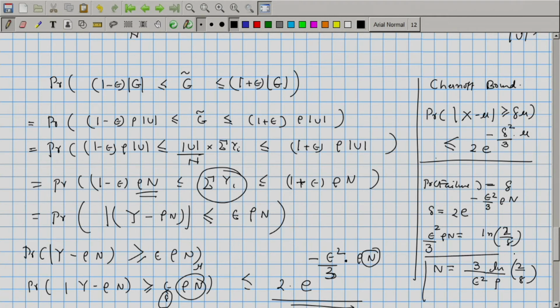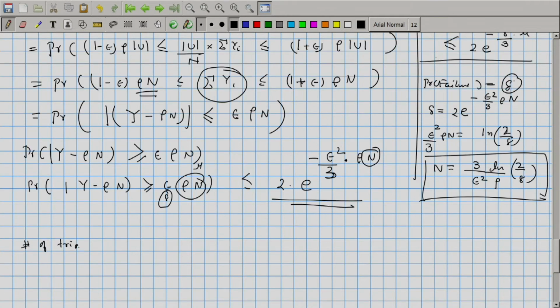So, the number of trials that you have to do to get a probability of failure no more than delta is going to be this much. So, the number of trials required will be equal to 3 by epsilon square, log 2 by delta, into 1 by rho.